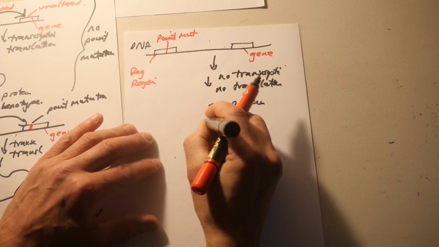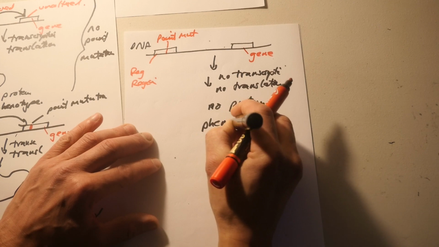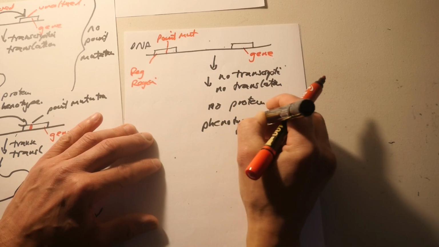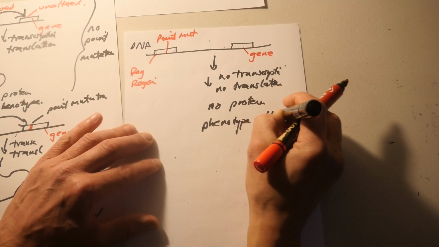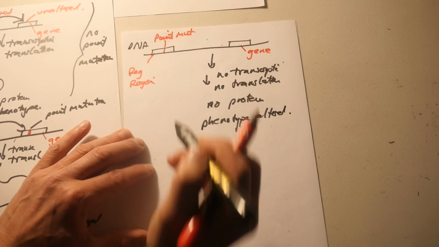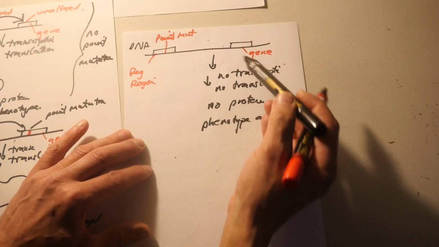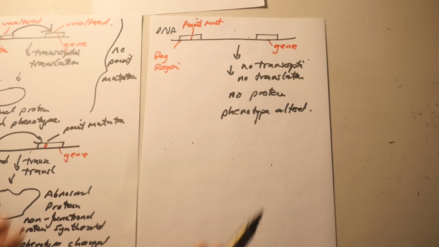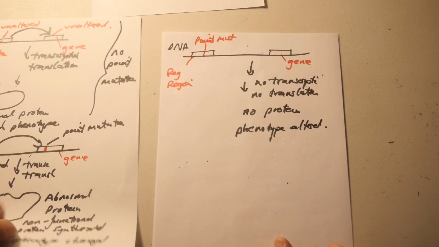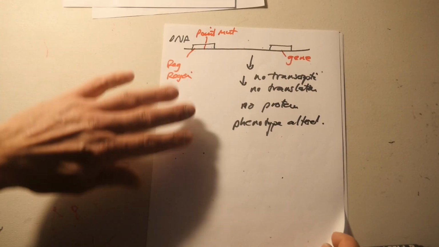Okay, so phenotype. Because this is changed, this cannot express the gene, so you get nothing happening. Okay, so that's point mutations.